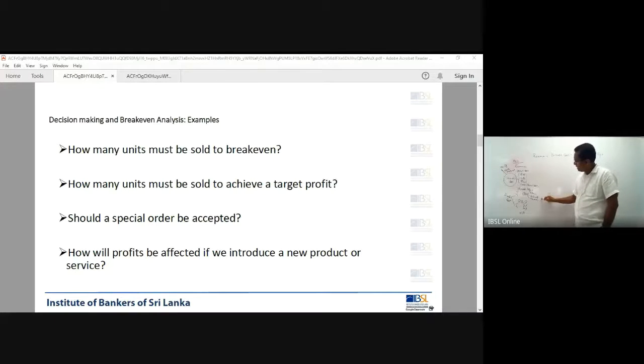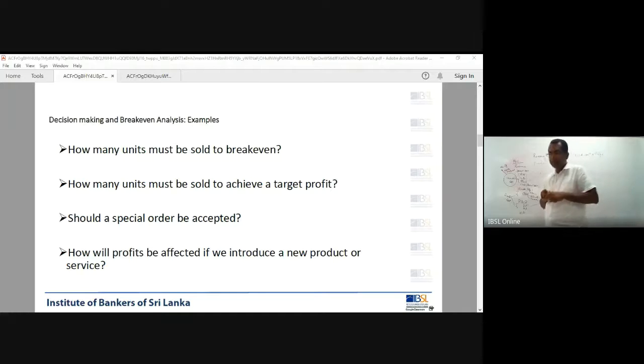But these items: rent, factory rent, factory manager's salary, vehicle cost, LC charges, interest for the term loans, short-term loans and leases. Those things do not change with production or sales. So these items are called fixed costs.